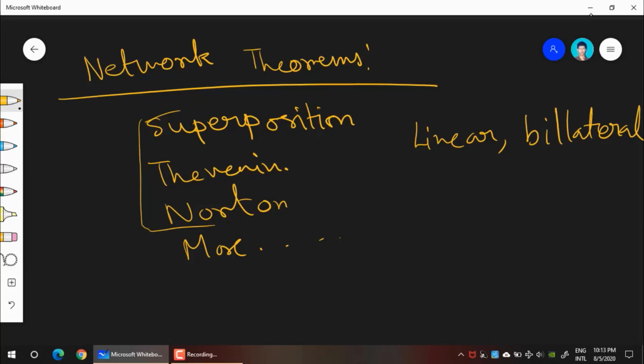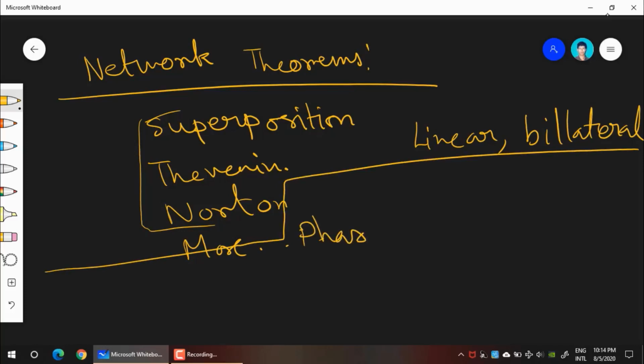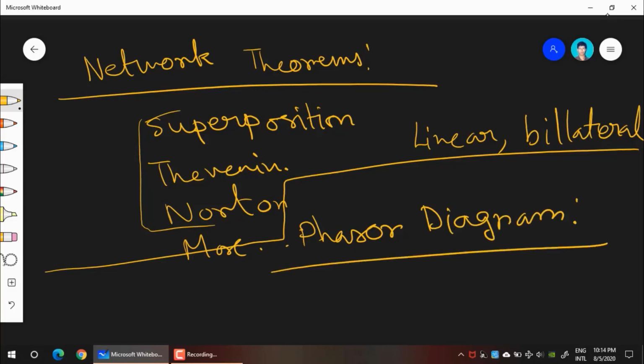Now the question is, while we are talking about our phasor diagram, we have one system and we are giving it some input, we are getting some output.